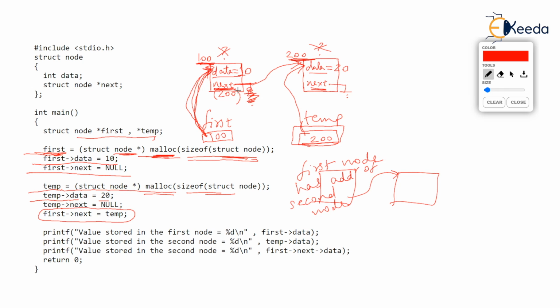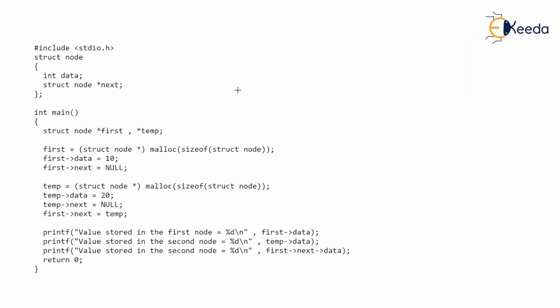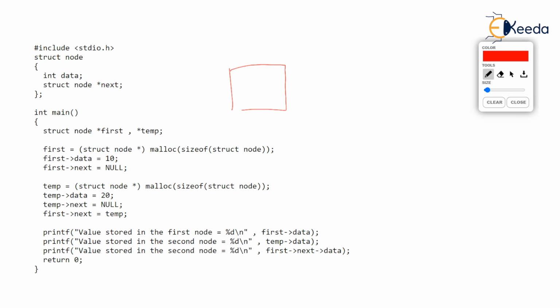So I'll just clean the slate what we have got till now. Let's see very quickly. We have got a node storing data as 10 and a pointer called next. This next is storing 200 because this next is pointing to a node at 200 which has data equal to 20, and the next pointer over here has been purposely made null because there is nothing to follow this.